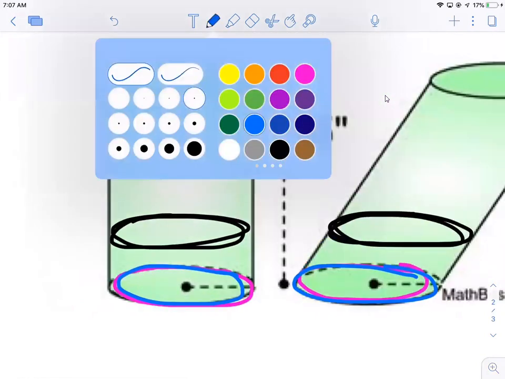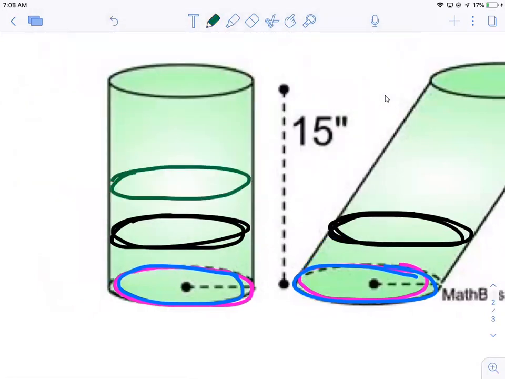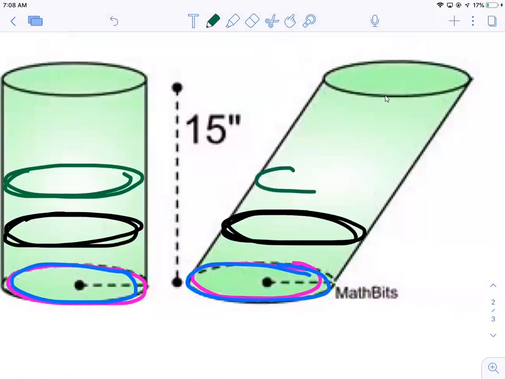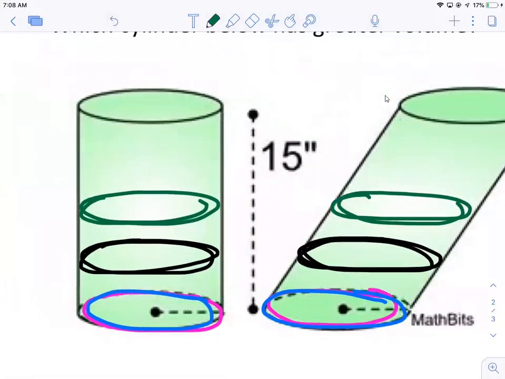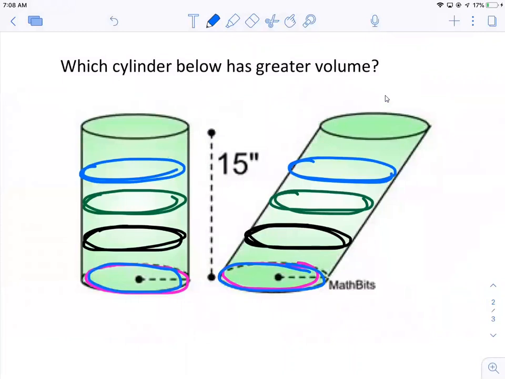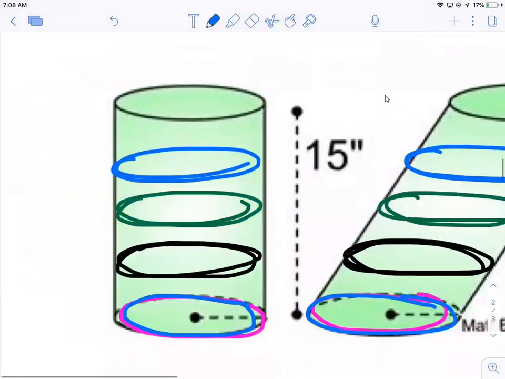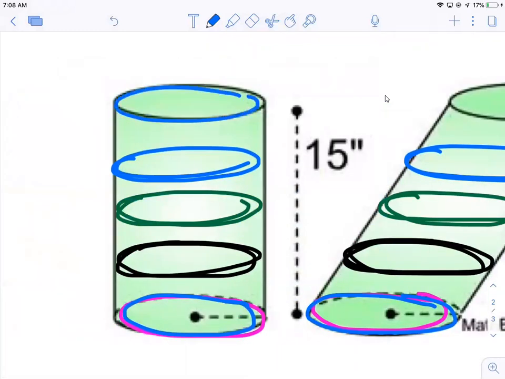If I cut this cylinder over here, I get that cross-sectional area. And that's going to correspond with this cross-sectional area. So I'm stacking up all of the same areas in both of these cylinders. Right? It's kind of like I'm just tilting one of the cylinders, but the things I'm adding up, they're all the same. So the volumes are going to be the same, right? Essentially, think of this as if this were like a flexible rubber tube or something.